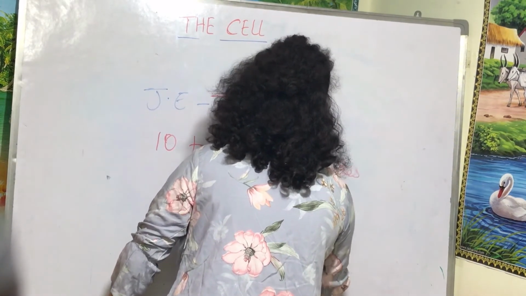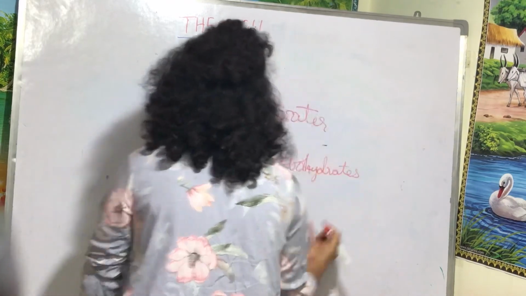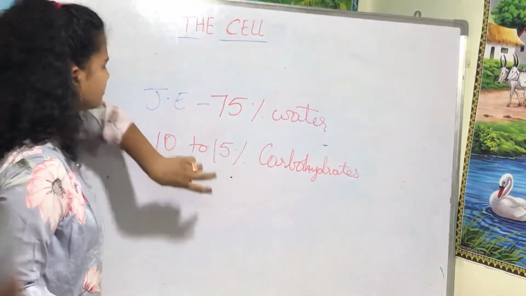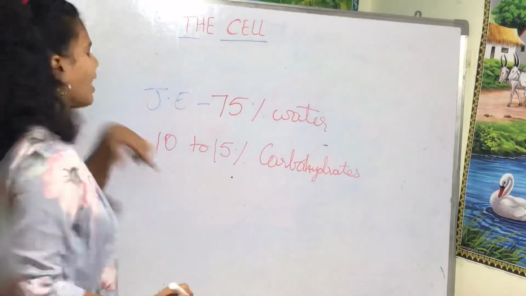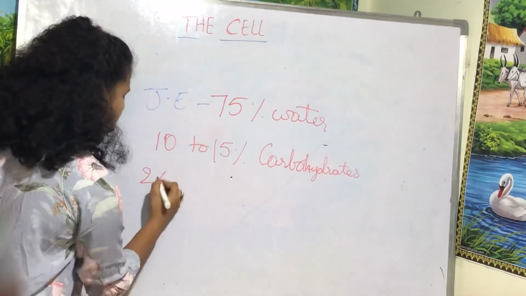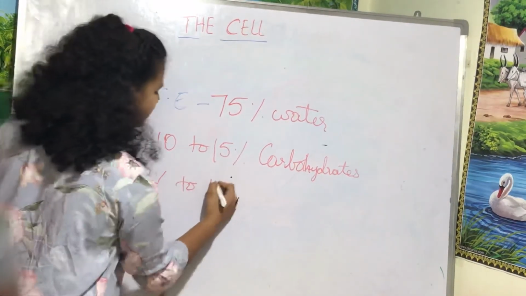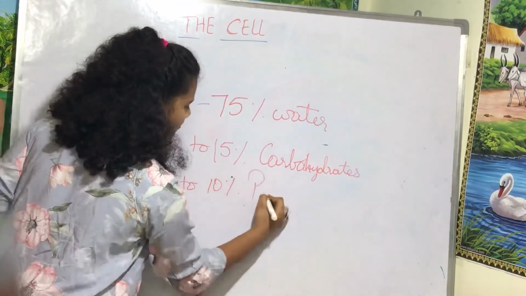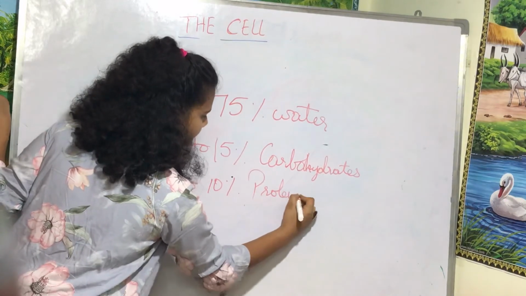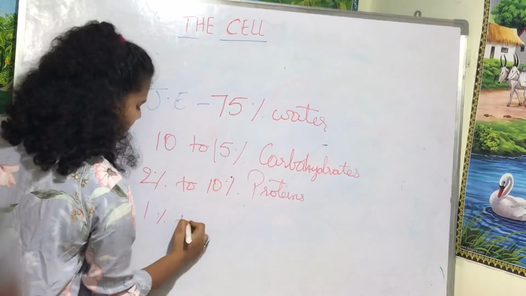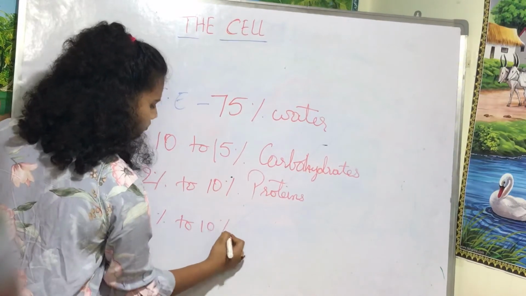So carbohydrates. He made these similar observations under the microscope. So he said that it has 10 to 15% of carbohydrates, and 2 to 10% of proteins, and 1 to 10% of what?